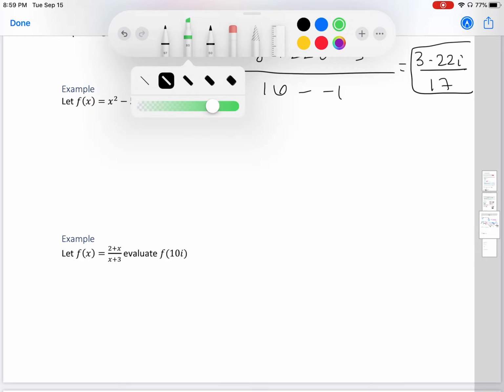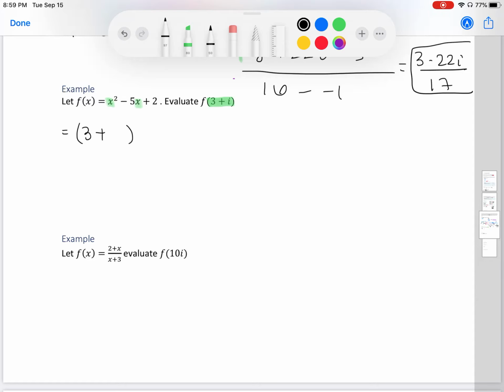So this is saying for every x in our function, we're going to substitute in 3 plus i. So that we get x squared, 3 plus i squared, minus 5 times x, which is 3 plus i, plus 2.